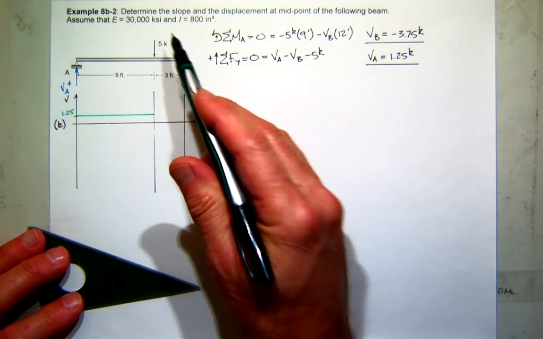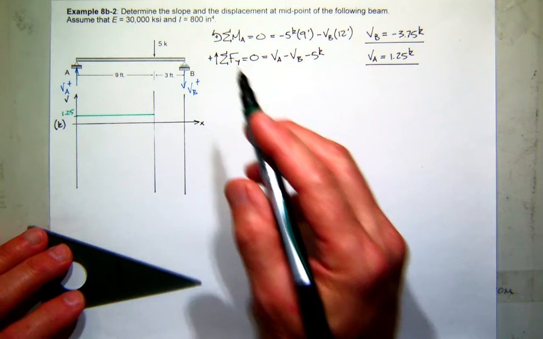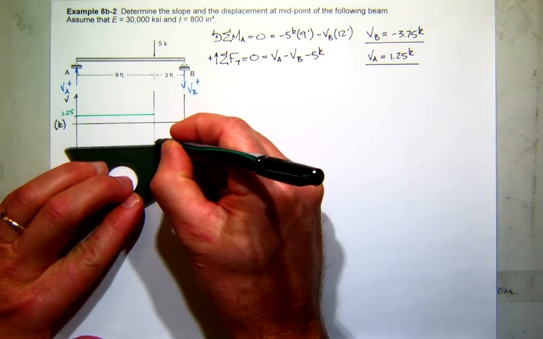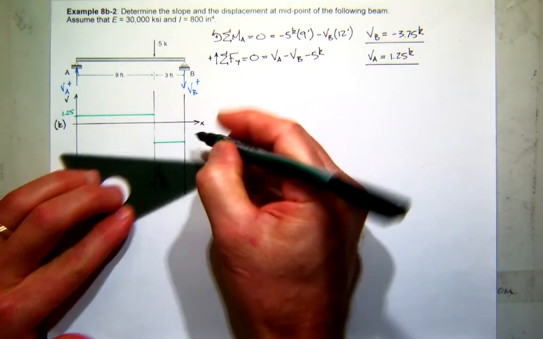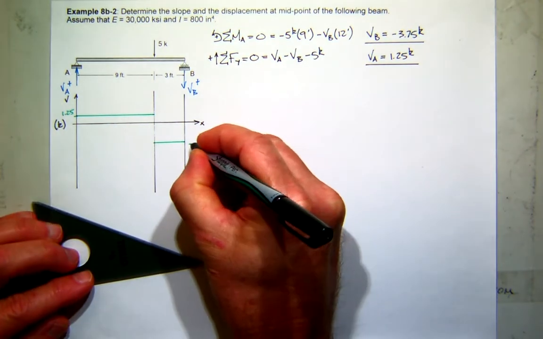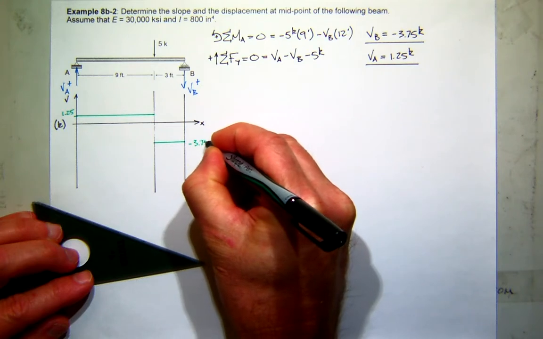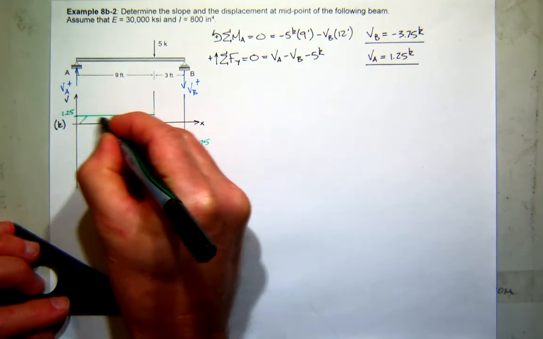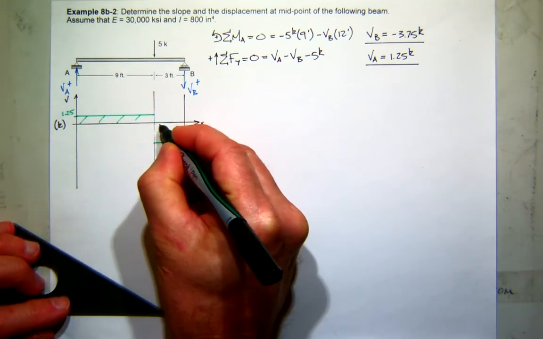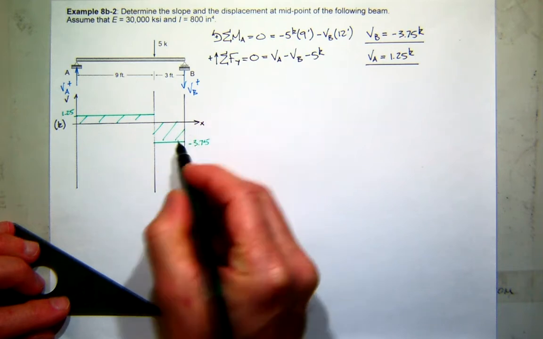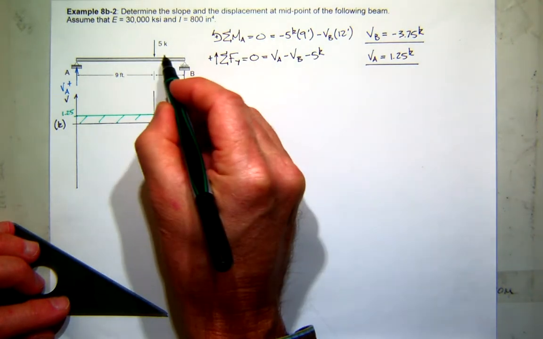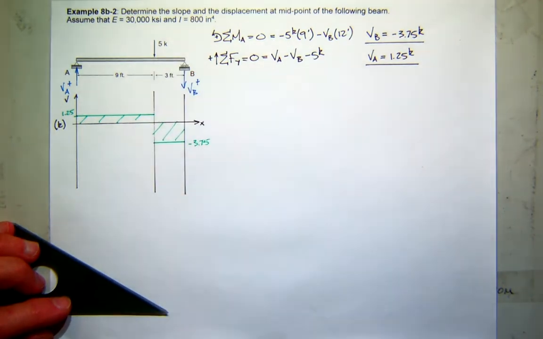That's minus 5. So 1.25 minus 5 is negative 3.75. And we get our shear diagram. And again, no change in shear because there's no load.